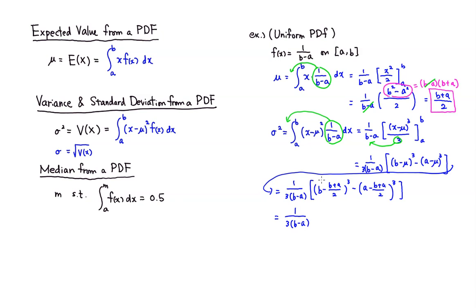Alright, so if you look at this, b is 2b over 2, so it's going to be b minus a over 2 cubed, right, minus, right? So here you're going to get a minus b over 2 cubed. All right, let's pay attention.